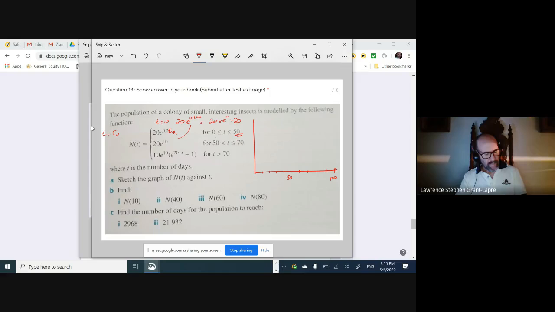And then you can find the position: 20 e to the power of 0.2 times 50. So a fifth of 50 is 10. So at 50, it's 20 e to the 10. But you have to put that in your calculator to make some sense.